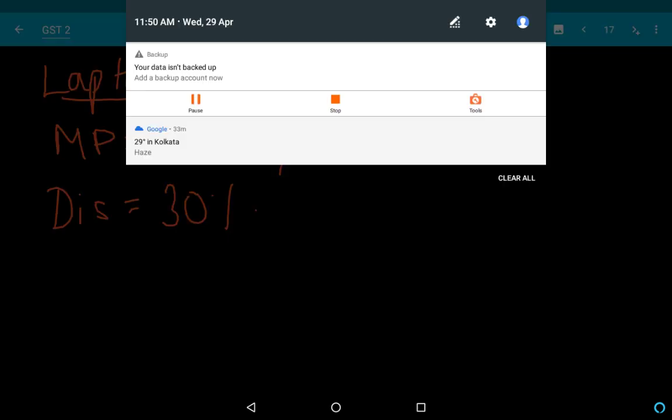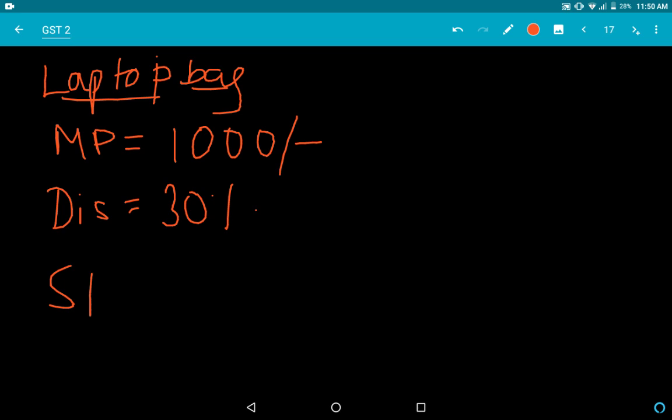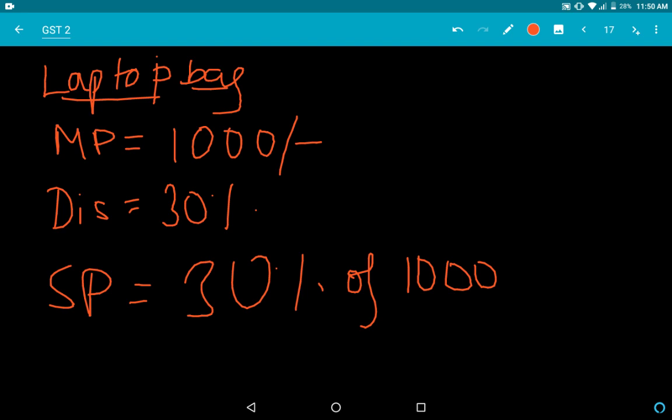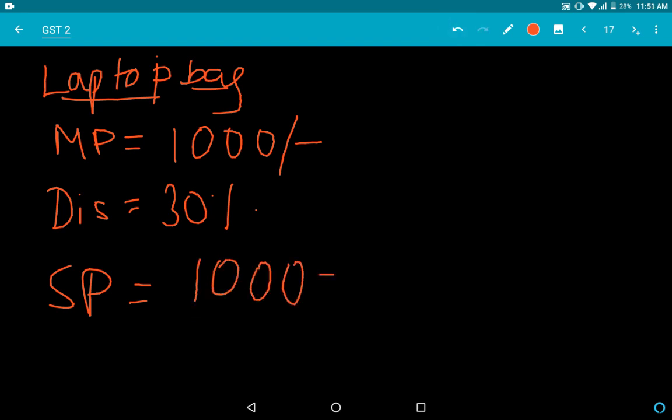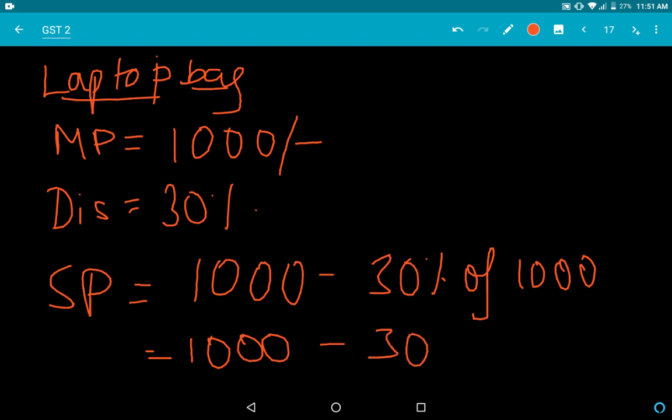So what is my SP here? 30% of 1,000. What is 30% of 1,000? 300 rupees. Sorry, SP is 1,000 minus 30% of 1,000. That will be nothing but 1,000 minus 300, which is equal to 700.